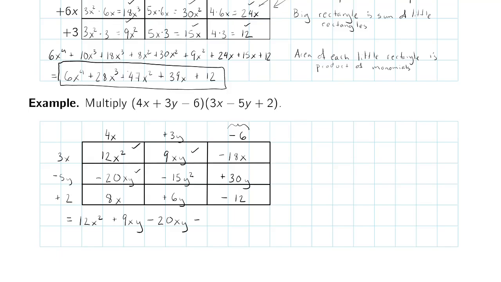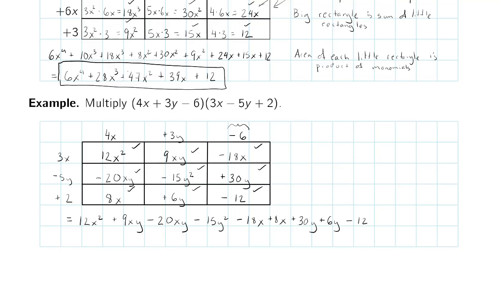I think that's my only y squared. And then let's see, I have a negative 18x and a positive 8x. I have a positive 30y. I have a positive 6y. And I have a negative 12.